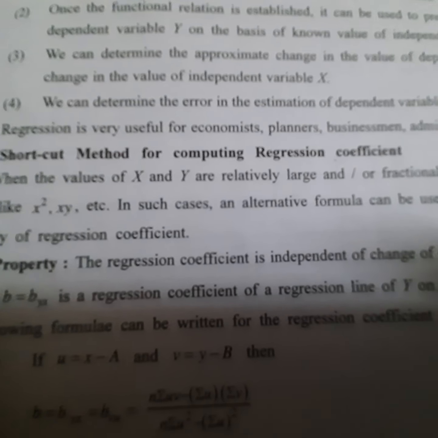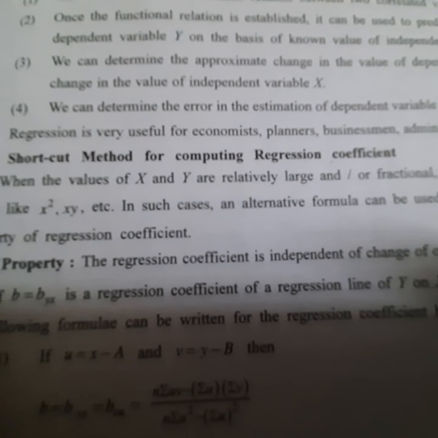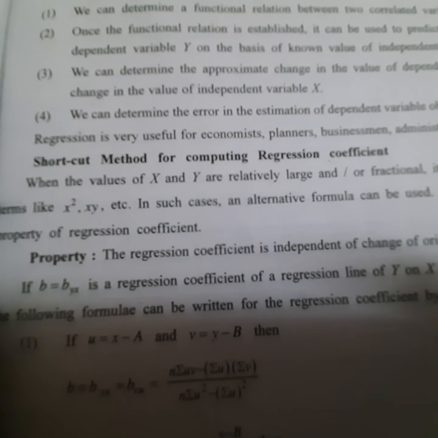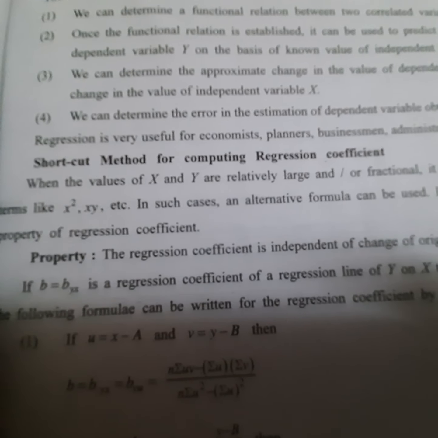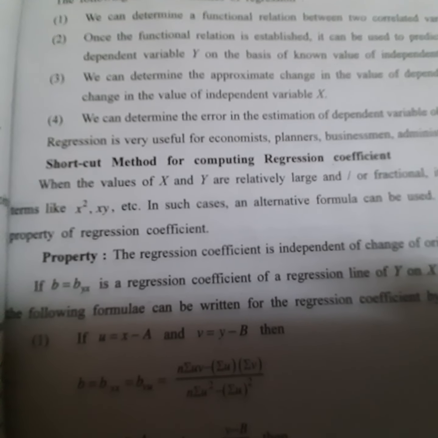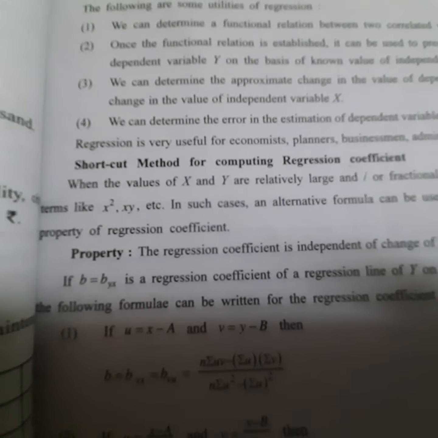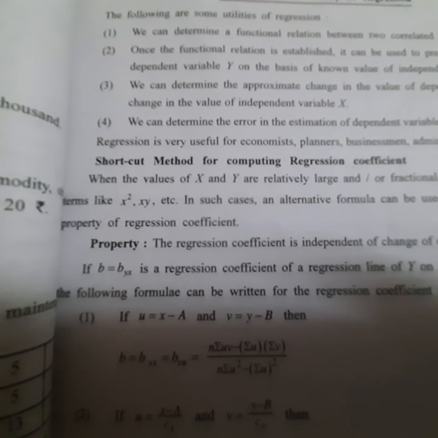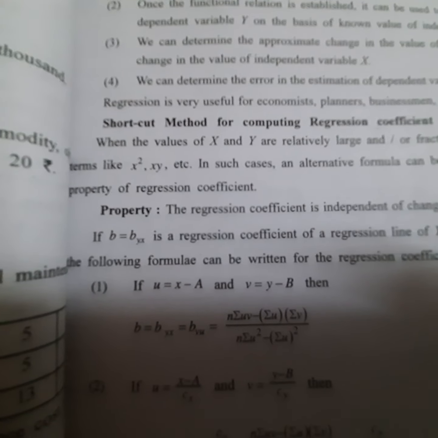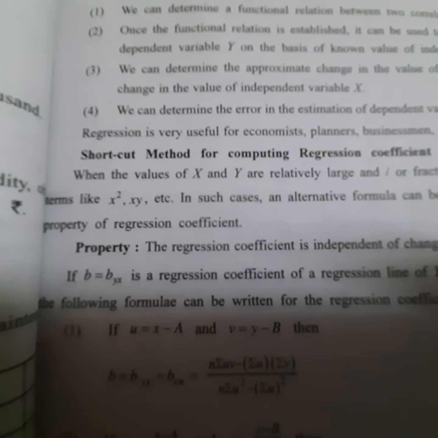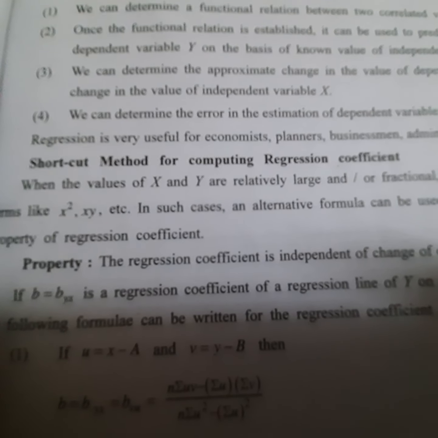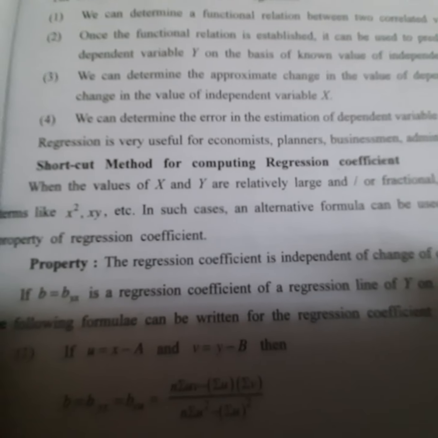Actual value minus estimated value is called the error, and we can determine the error between the estimated value and the actual value of y. These are the utilities of the study of regression, and regression is very useful for economists, planners, businessmen, administrators, researchers, etc.